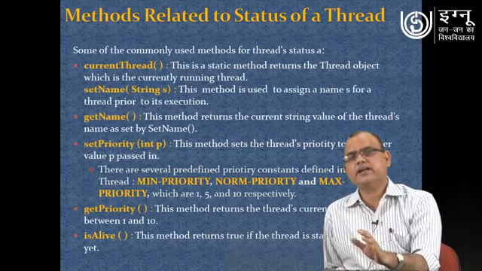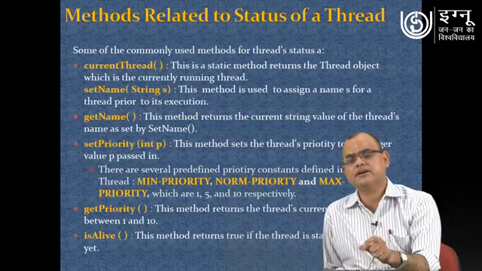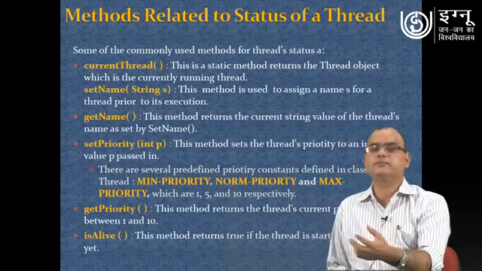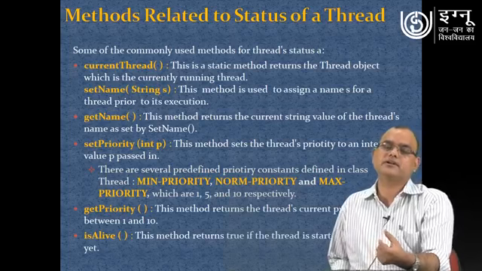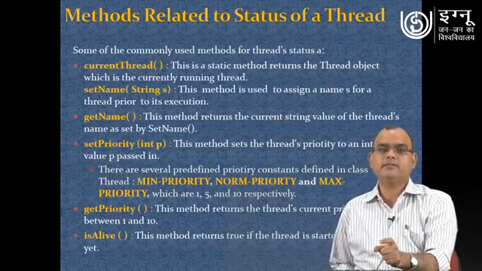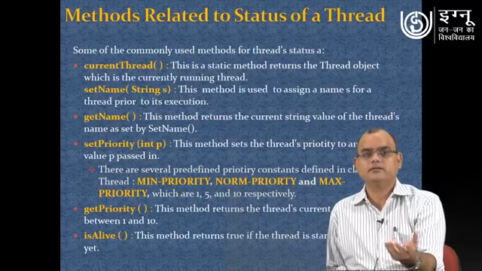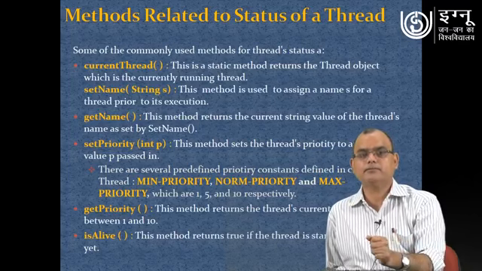So setName can be used for providing identification to different threads, and when you are programming and need to identify those different threads, you can identify them by different names, and you can get that name with the help of the getName method.